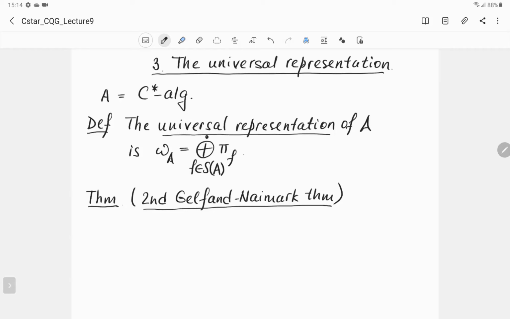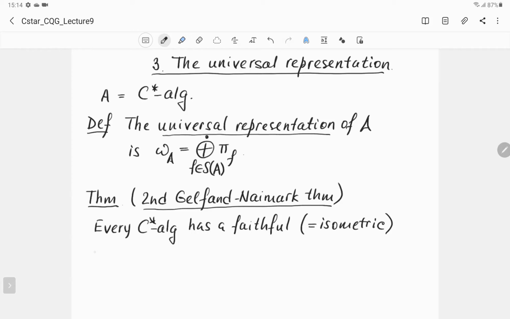This theorem states that every C-star algebra has a faithful, or equivalently isometric, star representation.